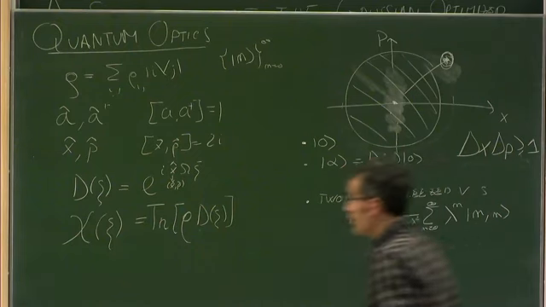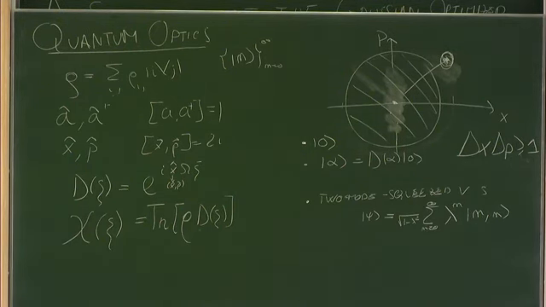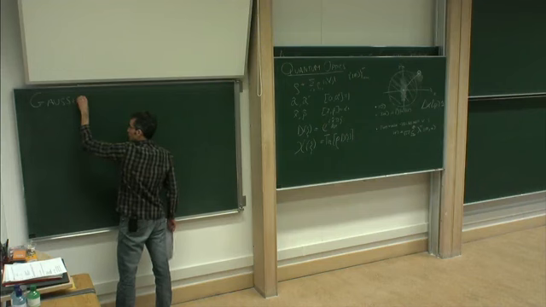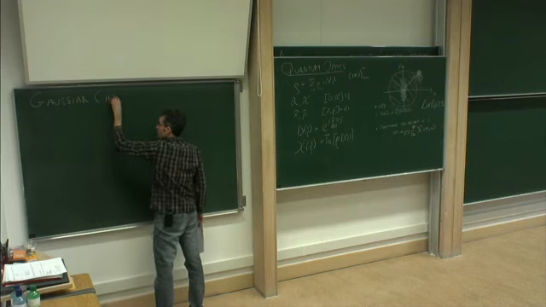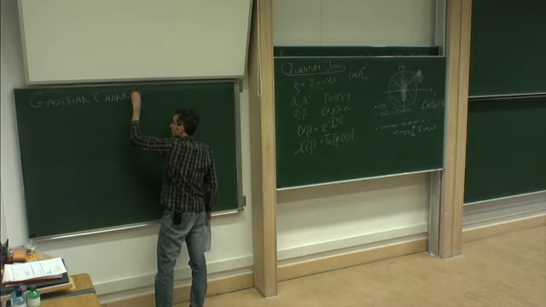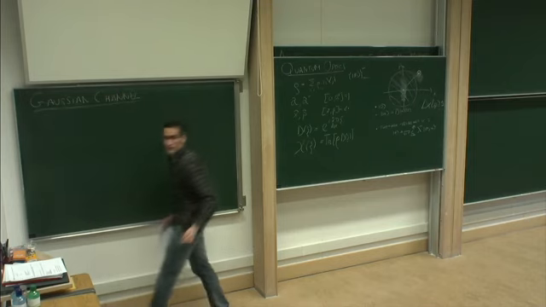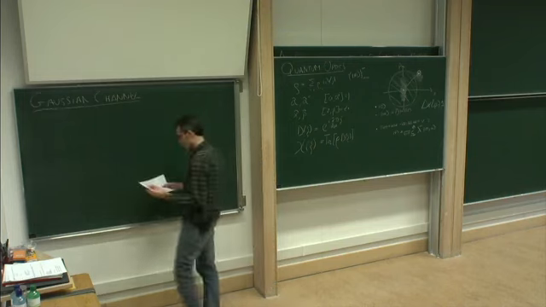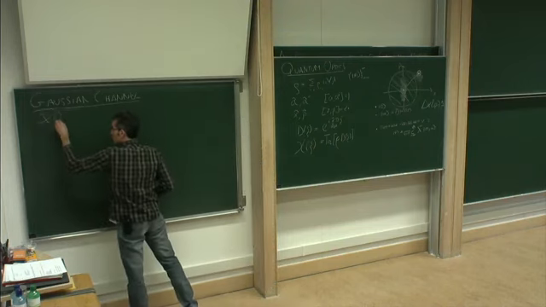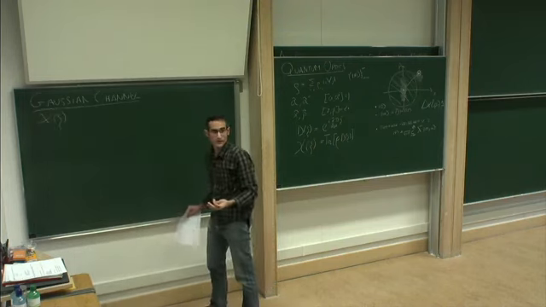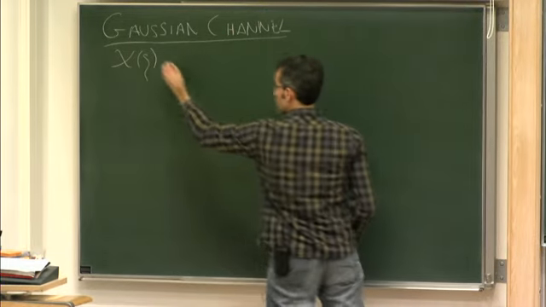So now I want to present what the Gaussian channels are, which is the thing we want to study. Okay, so a Gaussian channel will act on the characteristic function of the input in this way.